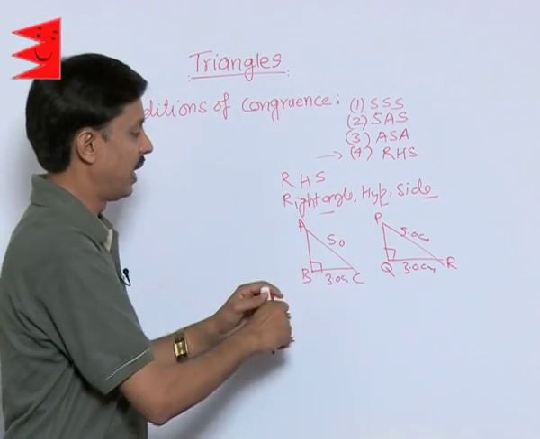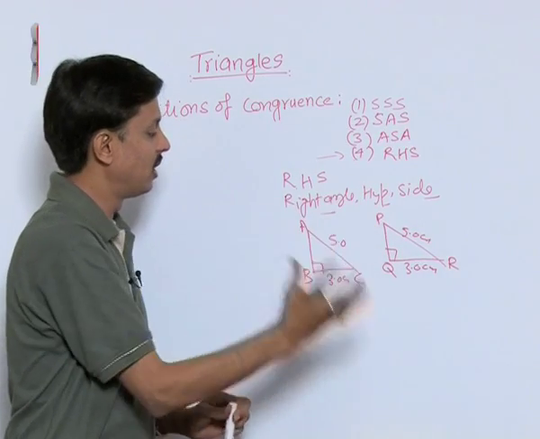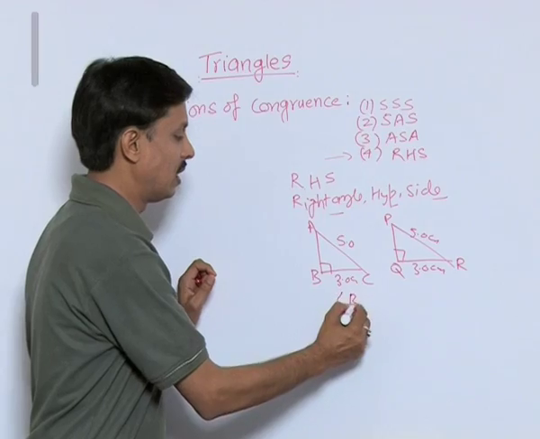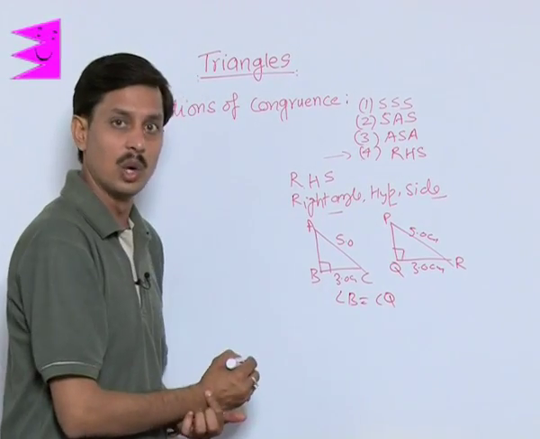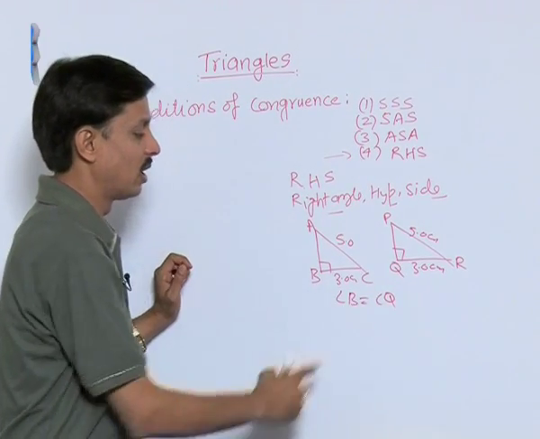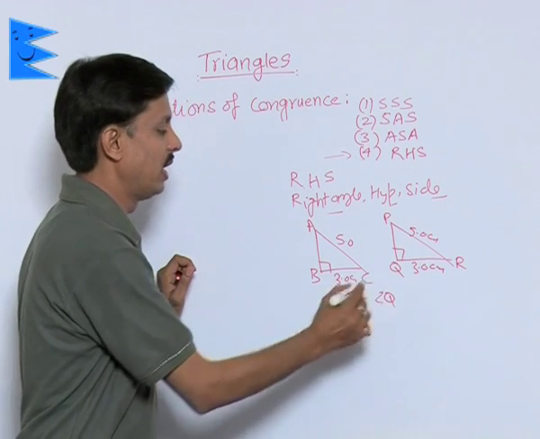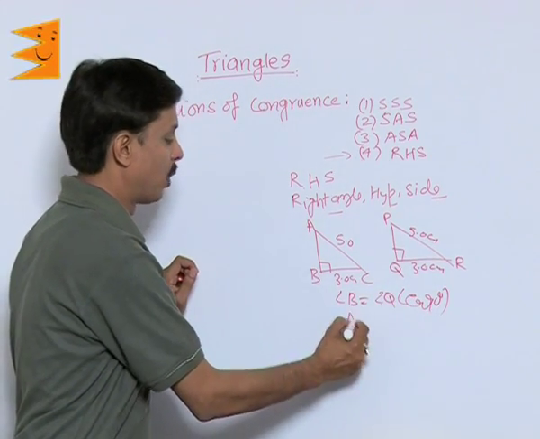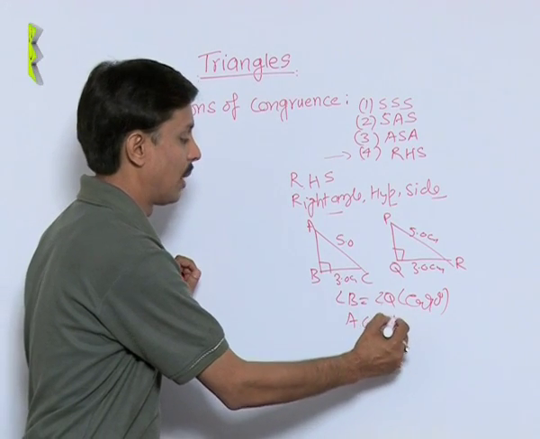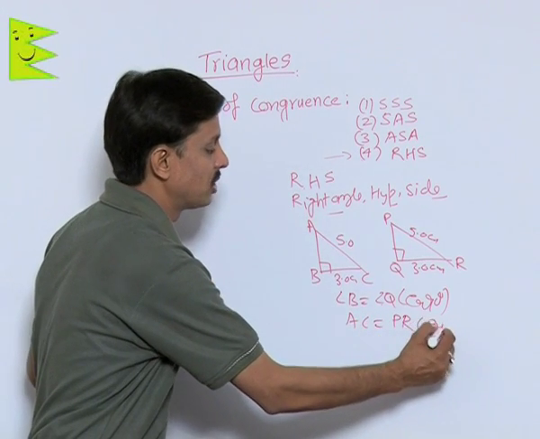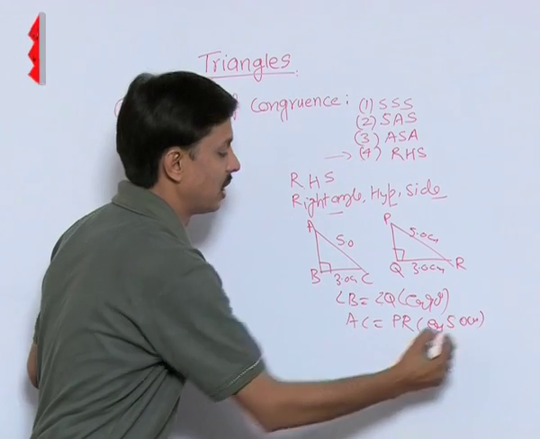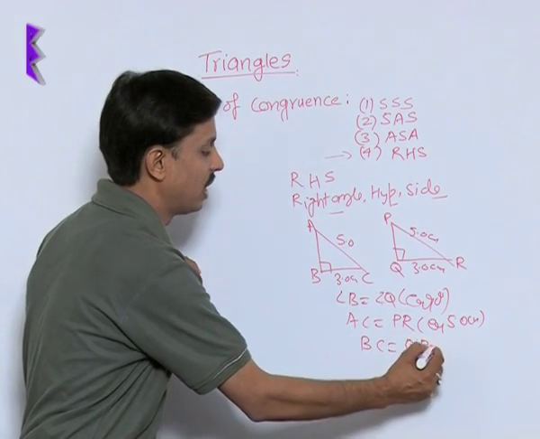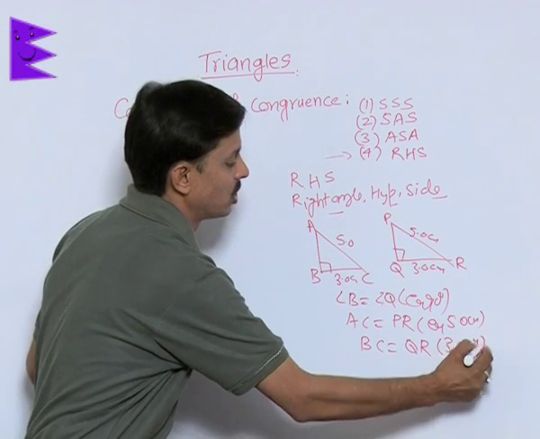So you say in these two right angled triangles, angle B is equal to angle Q. You can say that each is 90 degrees, and hypotenuse AC is equal to hypotenuse PR, each is how much? 5 centimeter, and one of the sides BC is equal to QR, how much is this? 3 centimeter.